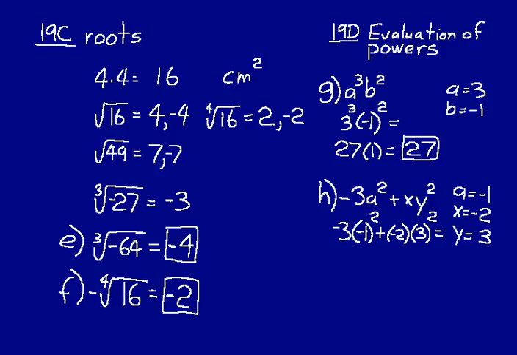Okay, so let's continue to simplify this. Let's simplify the exponents first. So we have -3 times a +1, and then plus a -2 times 9. And then we'll have -3, and then -2 times 9, that would be -18. And so that equals -21.